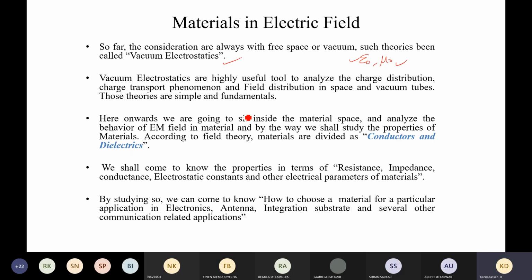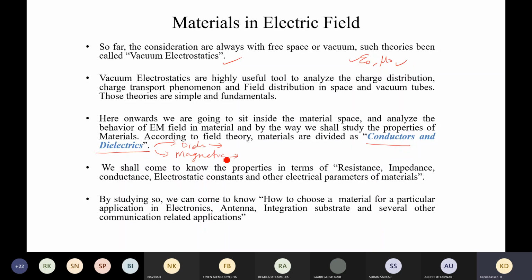Materials in electric or magnetic fields are divided into two important types: conductors and dielectrics. Later, after understanding magnetic fields through electron spin, dielectrics were further divided into dielectrics and magnetic materials. Dielectric material and magnetic material have completely different behavior.